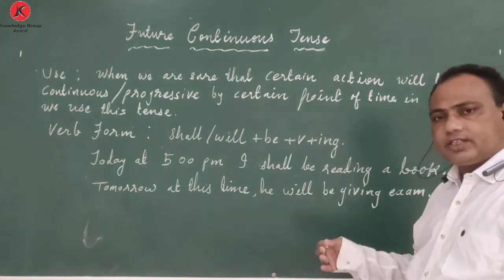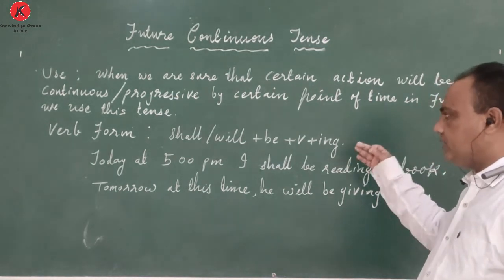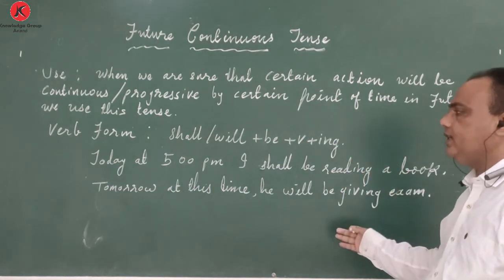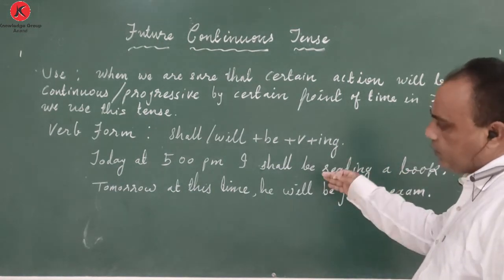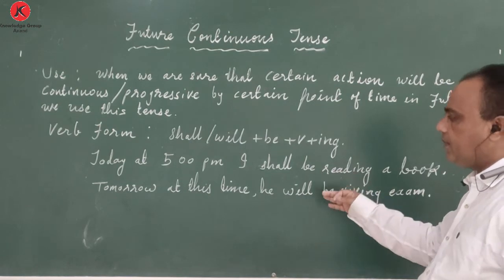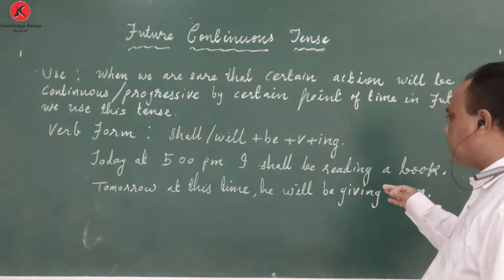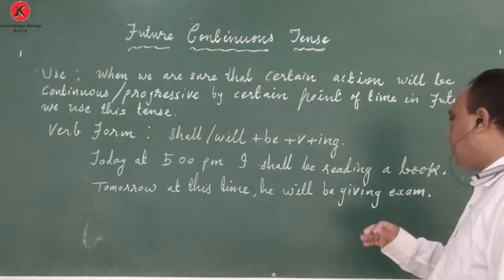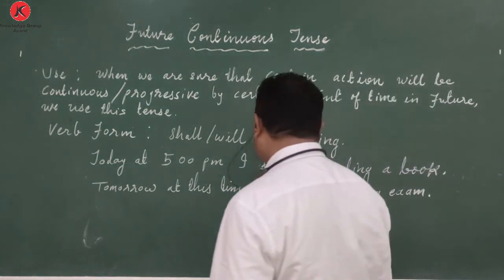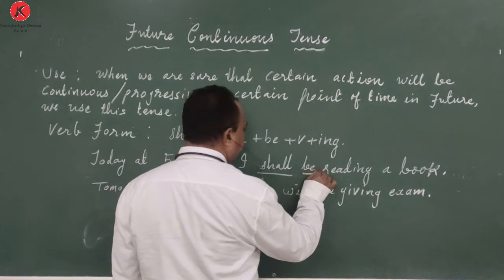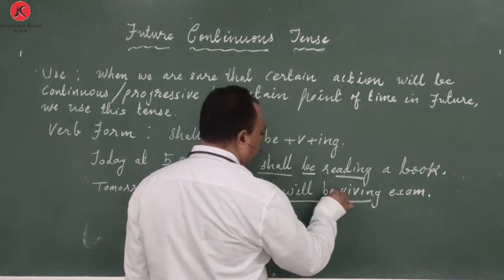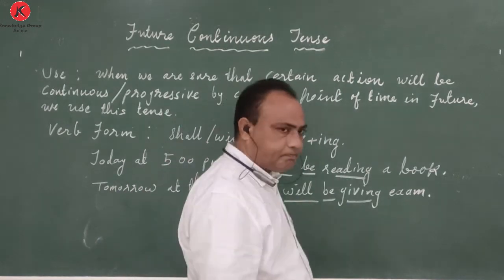We use this tense. The verb formation you need to remember is shall or will plus be plus verb plus ing, and you have two examples here. Today at 5 p.m. I shall be reading the book. Tomorrow at this time he will be giving exam. So you can notice shall be plus verb plus ing, will be plus verb plus ing.